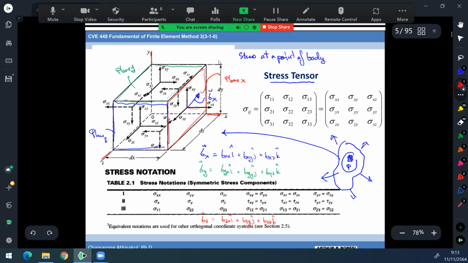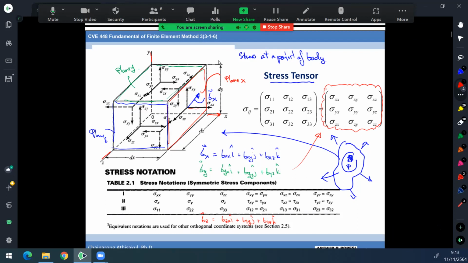Okay, then if we write it in matrix form, we call this the stress tensor. A tensor is a quantity in mathematics that we may use to define any quantity that has many dimensions.